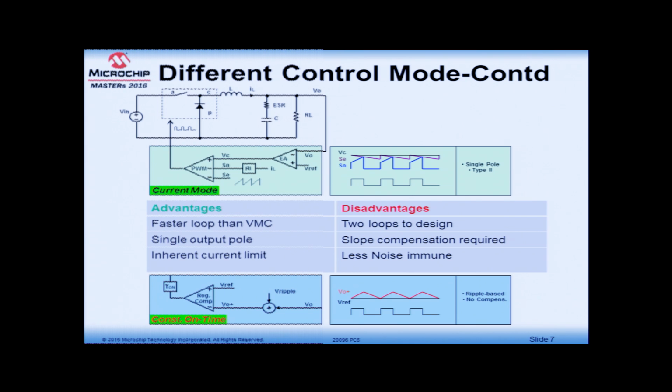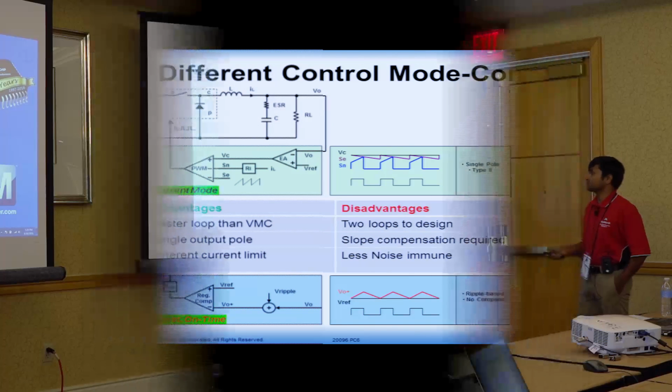In the constant on time, the output ripple is used as the comparing ramp with the reference, rather than a current sense signal or a fixed ramp. So, it is a ripple based controller, which is the main focus of this class.